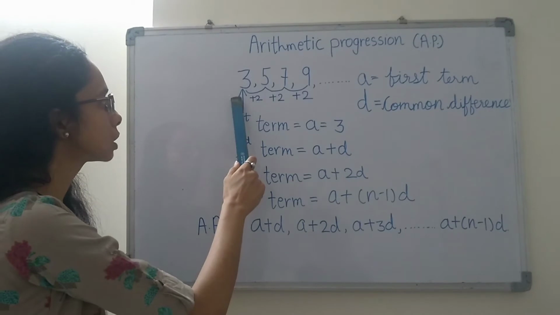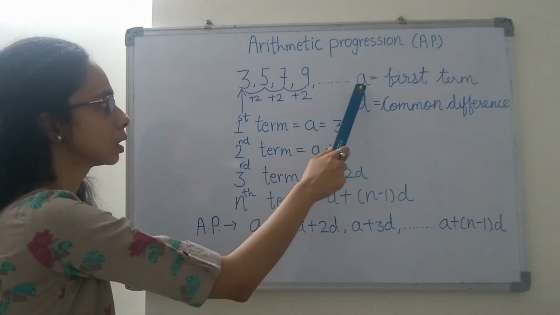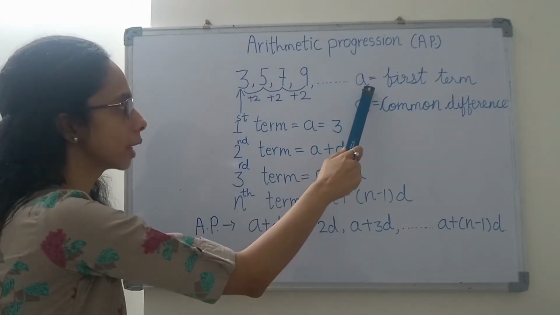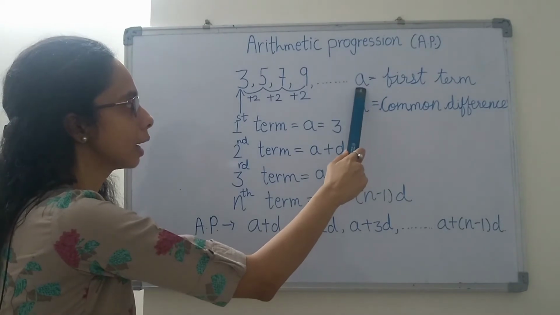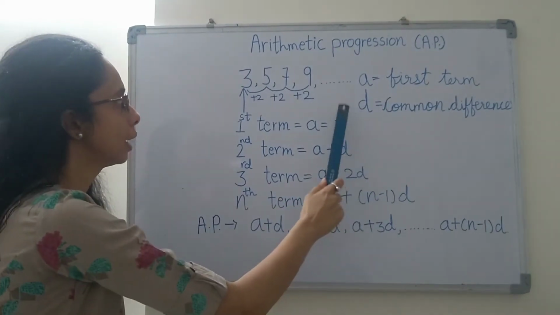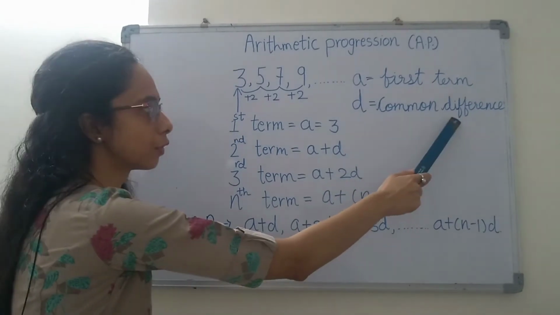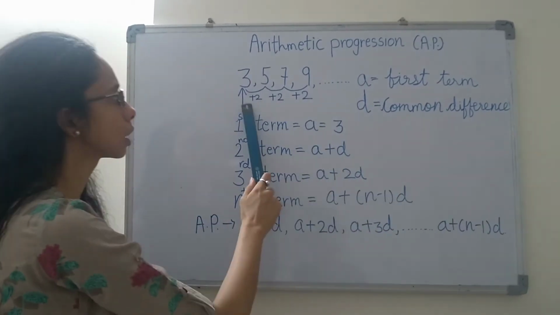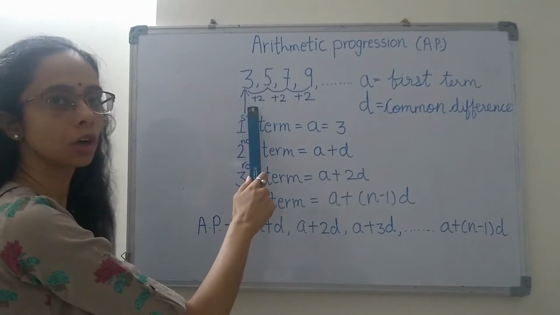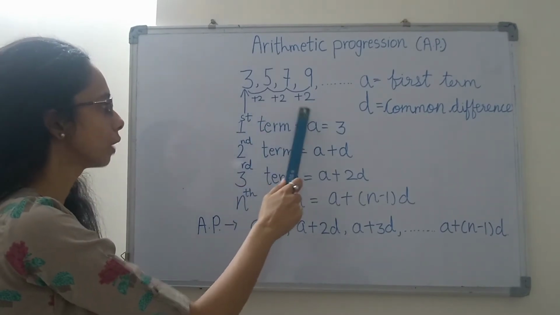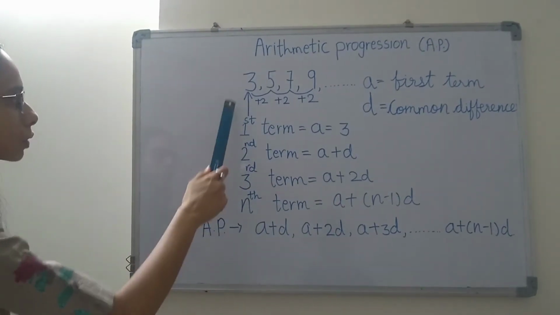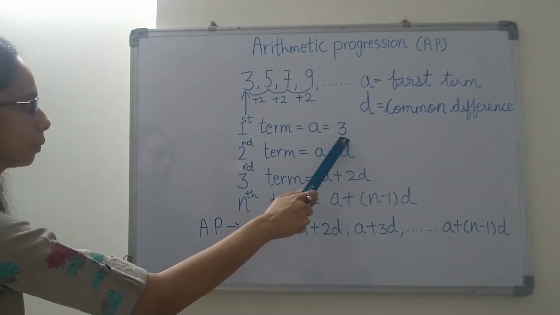Now, the first term of this arithmetic progression is symbolized as A. We can tell A as the first term. And D can be interpreted as the common difference between the consecutive terms. Here the common difference is 2. Fine. So the first term of this series we have written as 3.